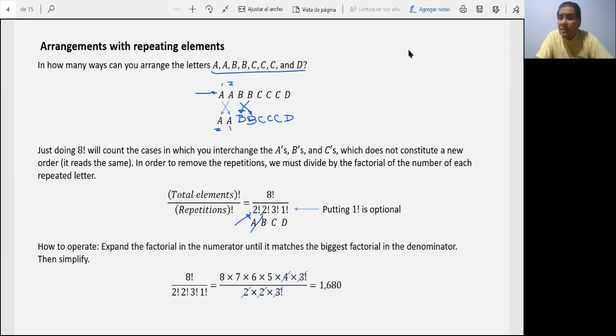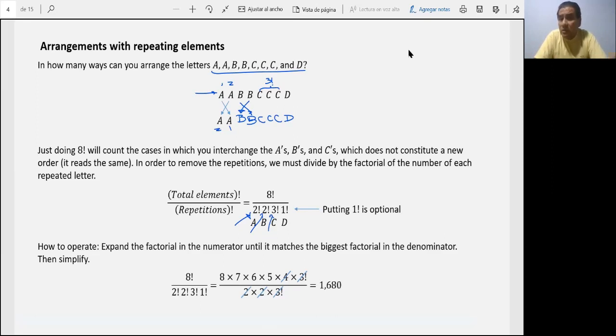The C's can change positions for one another in totally 3 factorial ways. That is 6 possible ways. So when I divide by 3 factorial, I'm removing those duplicated or repeated arrangements that are due just to moving the C's among themselves.